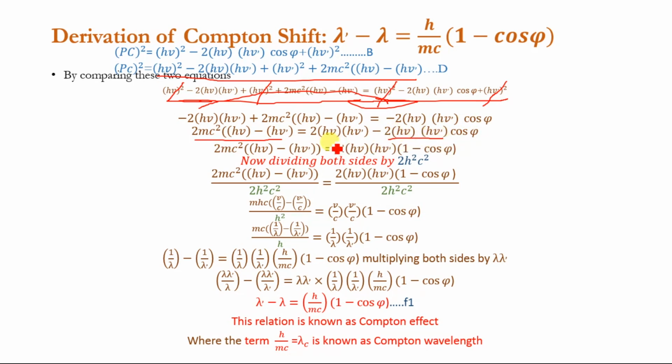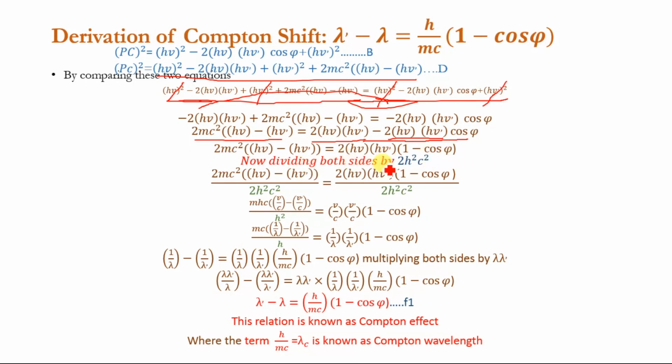Now we will take 2hμ′ common from this right hand side. 2mc²(hμ − hμ′) is equal to 2hμ into hμ′ into (1 − cos φ).